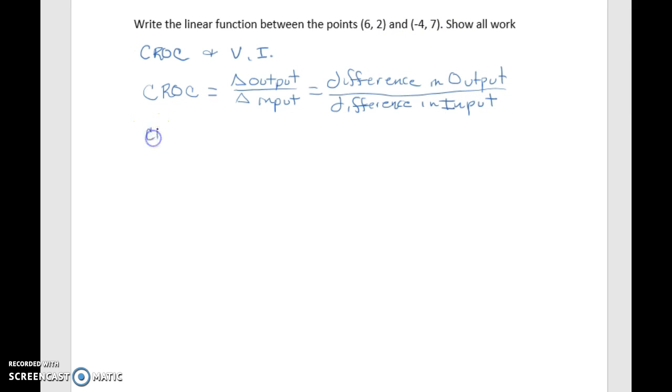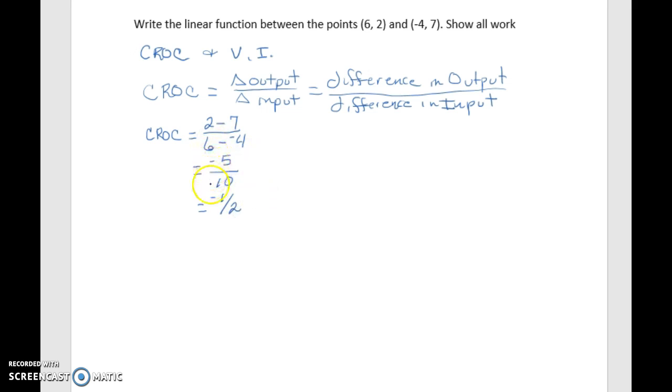So we know that the constant rate of change is going to be 2 minus 7, these are my outputs, 2 and 7, divided by my corresponding inputs, 6 minus a negative 4. So that's going to be negative 5 over 10, which is simplified to negative 1/2.